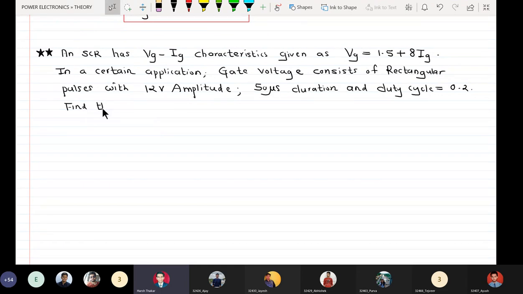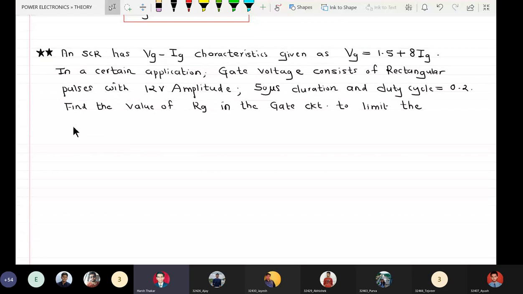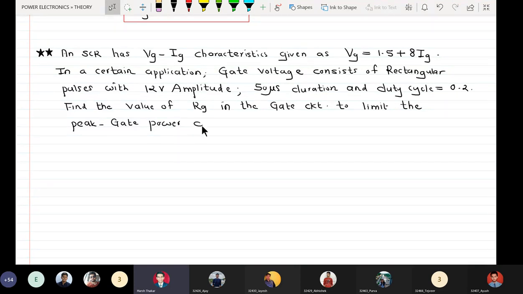Find the value of Rg in the gate circuit to limit the peak gate power dissipation to 5 watt.